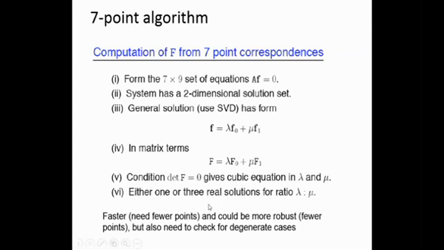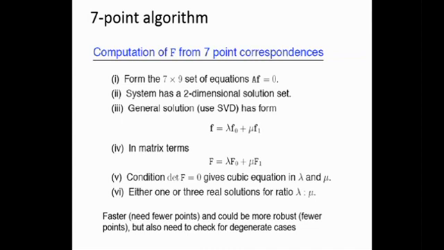So the 7-point algorithm can be faster because you need fewer corresponding points. It can also potentially be more robust because if you need fewer corresponding points, then the chance that you'll randomly sample seven truly corresponding points is higher than that you'll sample 8 truly corresponding points.